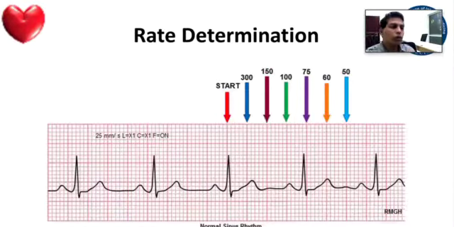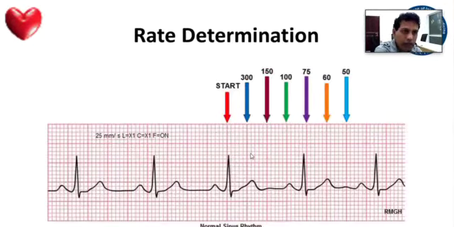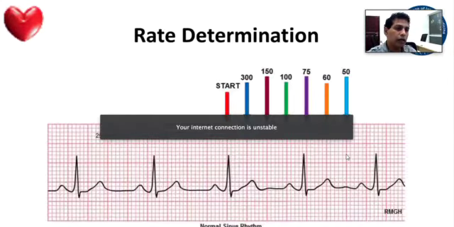We know you can start from one QRS complex. You count how many large squares are there for a QRS complex. Now in here you have close to 4, a little less than 4. So if there is one large square, the heart rate is 300. 2 large squares, the heart rate is 150. 3 large squares, the heart rate is 100. 5 is 60 and 7 is 43 and so on.